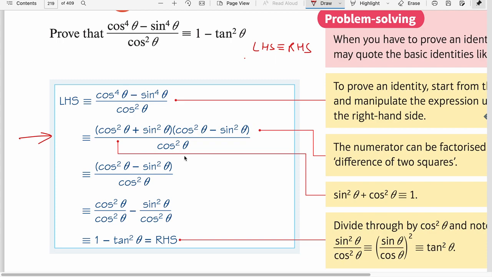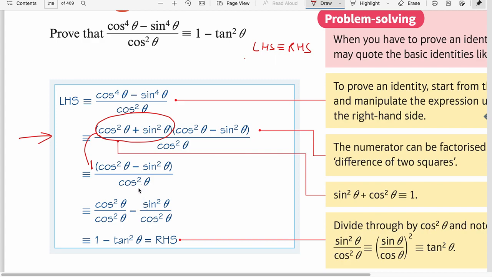And then you see that sine square theta and cos square theta was supposed to be equal to 1, right? So this disappears because it is actually 1.